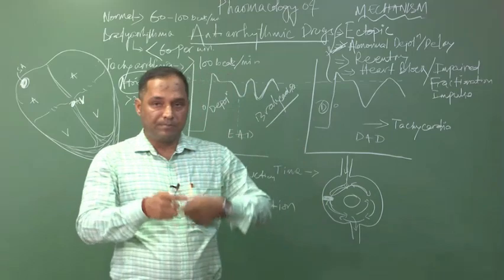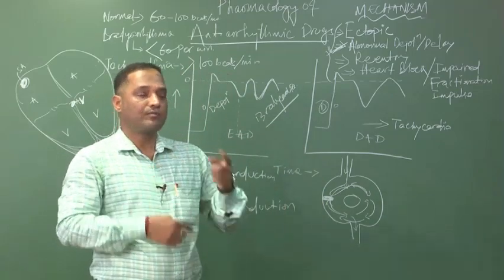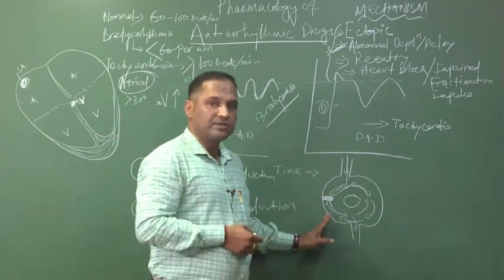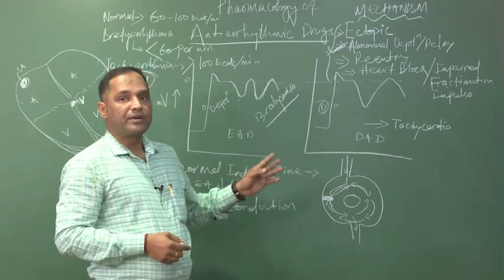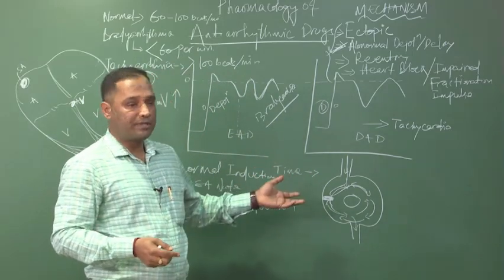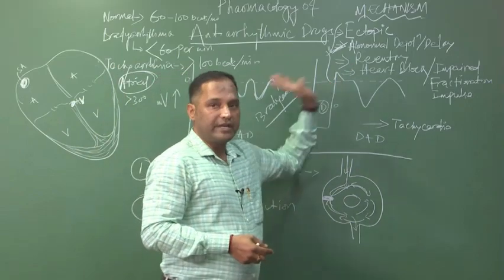So, the impulse again and again will move over there. So, that shows impaired conduction or the blockage of things, which results in re-entry.